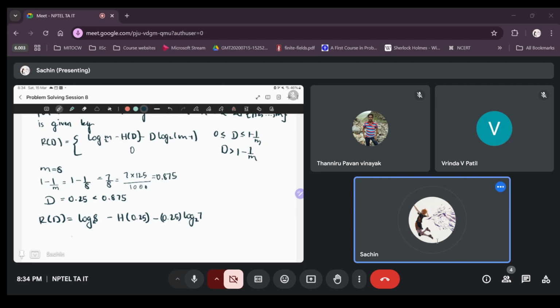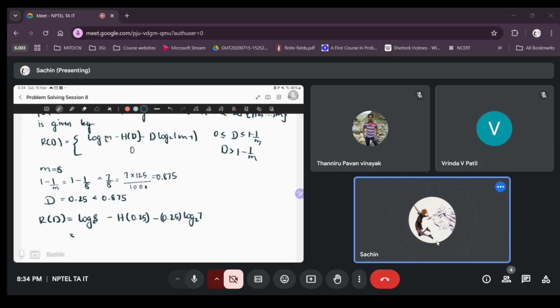So I'll leave the computation to you. Here h of D is the binary entropy function evaluated at D. So you can look it up from a table online. Maybe there's a calculator for binary entropy function. You can find that. Or you could calculate binary entropy.